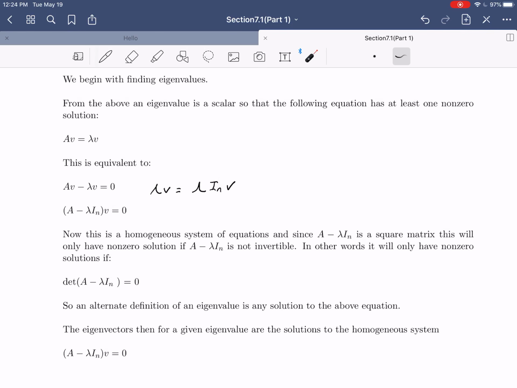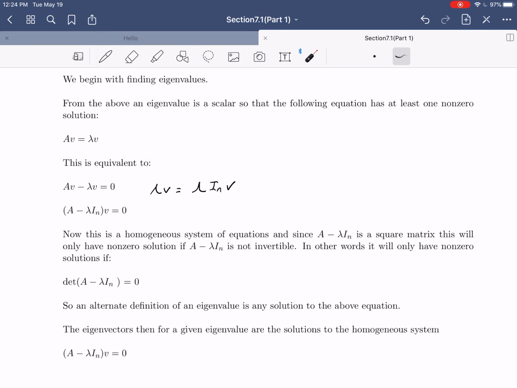Well, if there's a unique solution to a homogeneous system, then that unique solution is just the 0 solution. But if there are infinite solutions, then some of those infinite solutions will be non-zero. So the only way that we're going to have infinite solutions to this homogeneous system is if we have something that doesn't have full rank. In other words, if this A minus lambda I_n is not invertible.